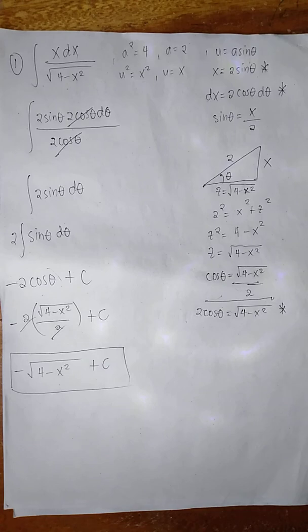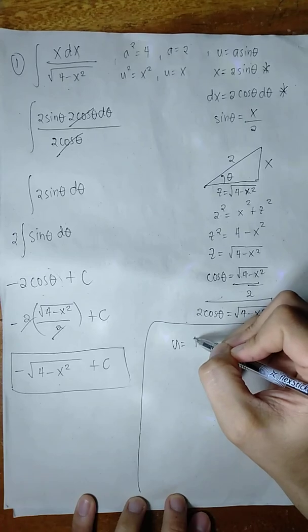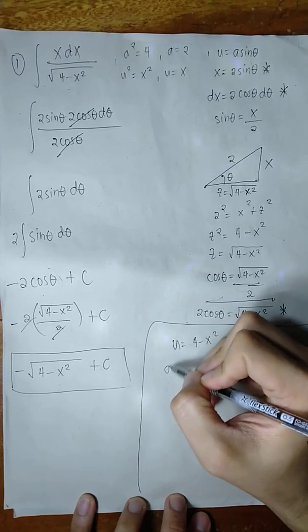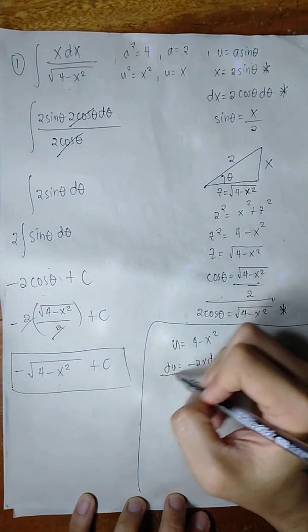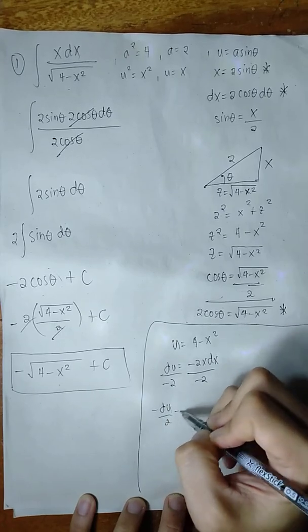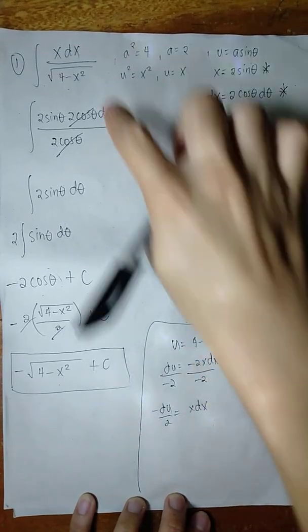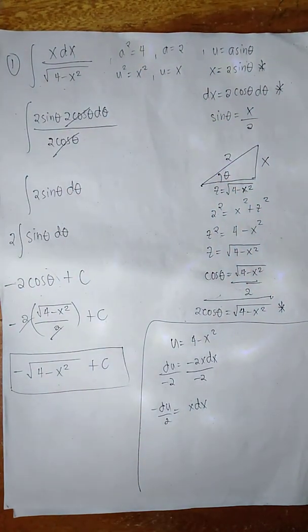So you let u be 4 minus x squared and the derivative du is negative 2x dx. So divide both sides by negative 2. Negative du over 2 is x dx. Replace that here, and u is 4 minus x squared. Then you can get the same answer. So they should be the same. Okay? Just put that in your side notes.